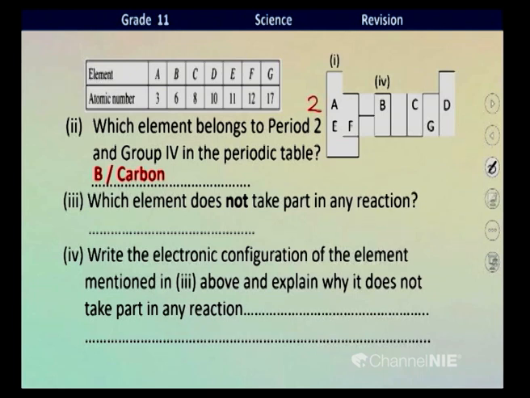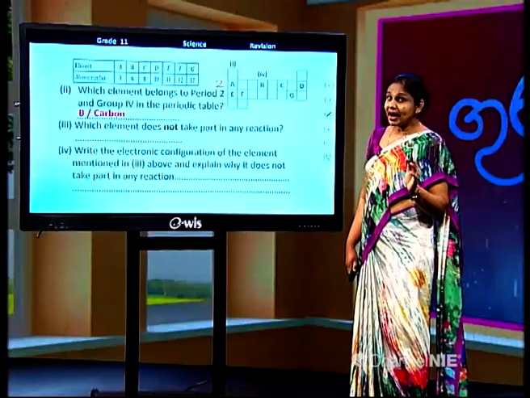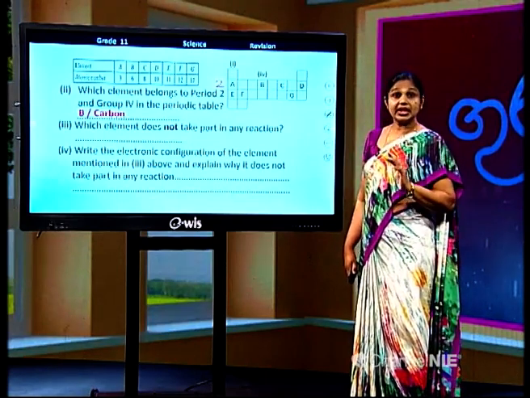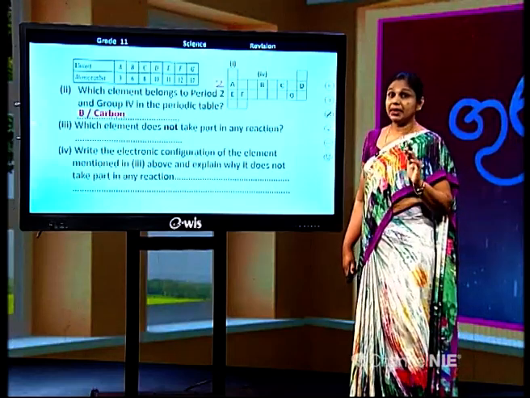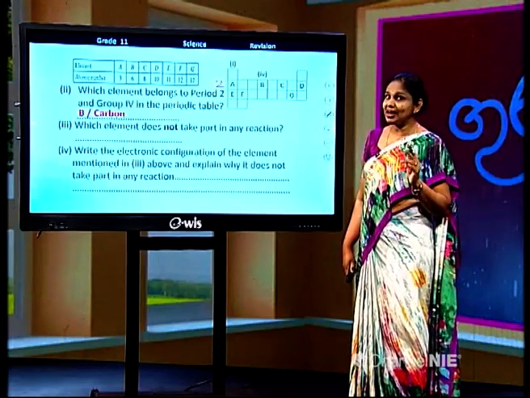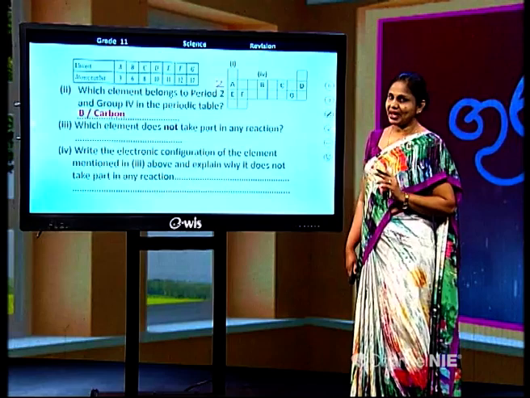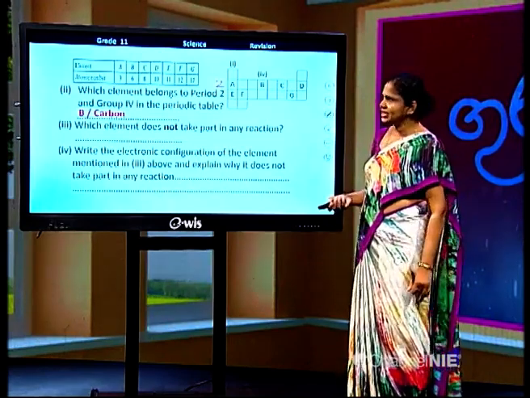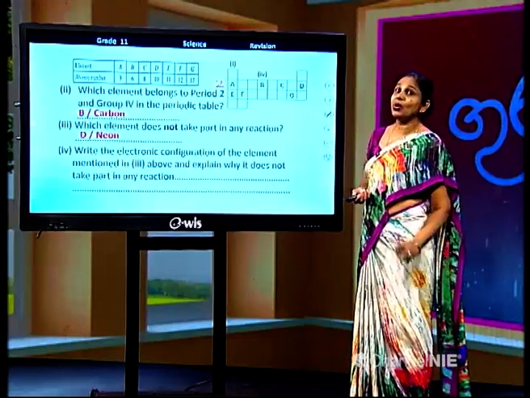We know that noble gases or the elements in group 8 do not take part in any reaction because they are inactive elements, less reactive elements, because they have stable electronic configurations. Therefore, which is the noble gas here? The noble gas is D or neon.